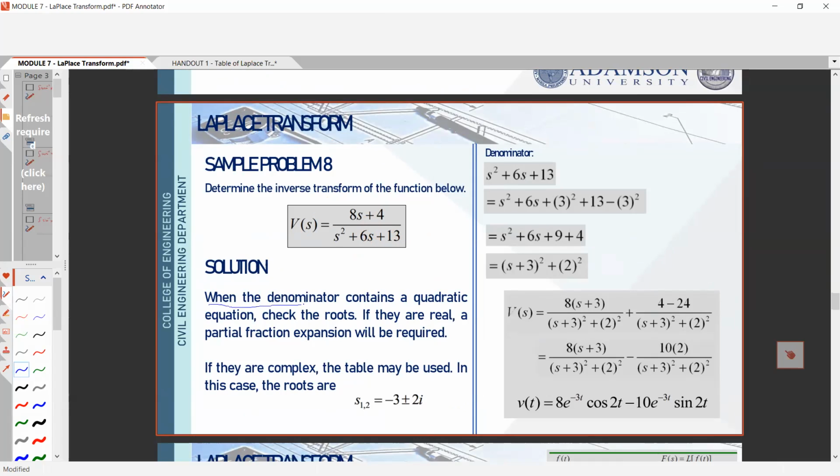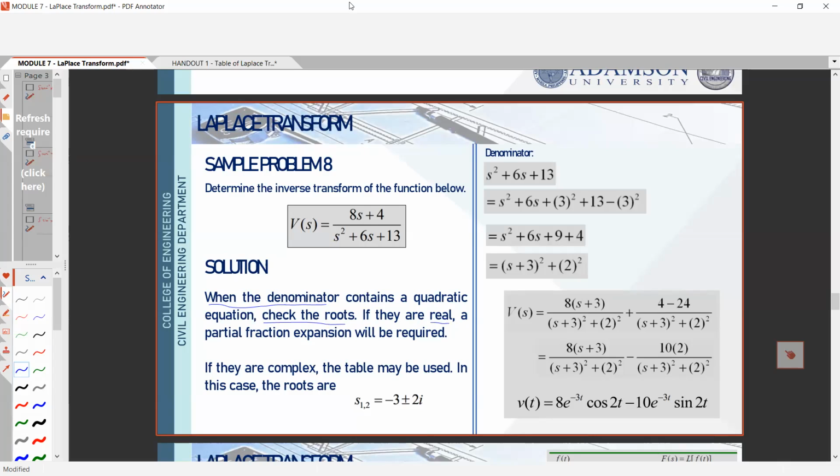Kapag ang denominator mo is a polynomial, okay, take note, a polynomial, any order raised to n, di ba? A polynomial, you need to check the roots. Check mo yung roots. If the roots are real, alam niyo naman yung real and complex, di ba?